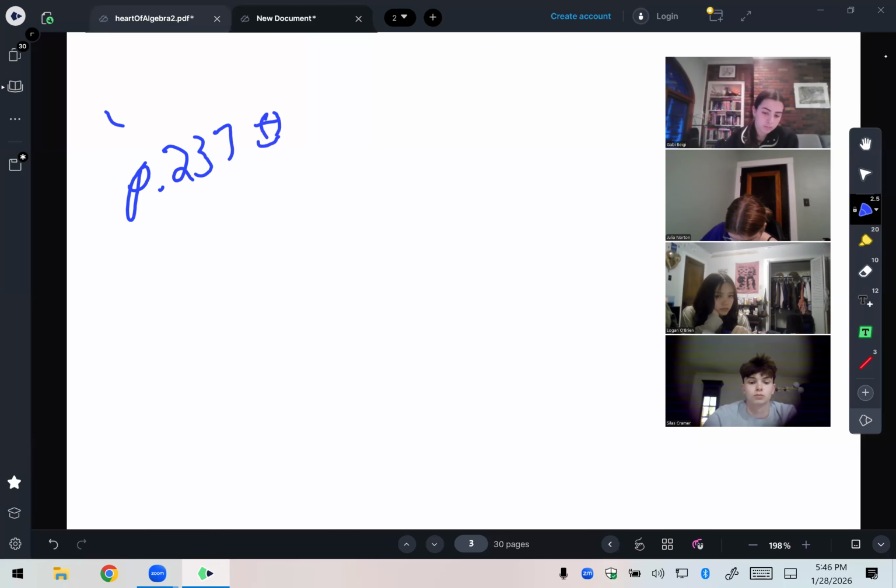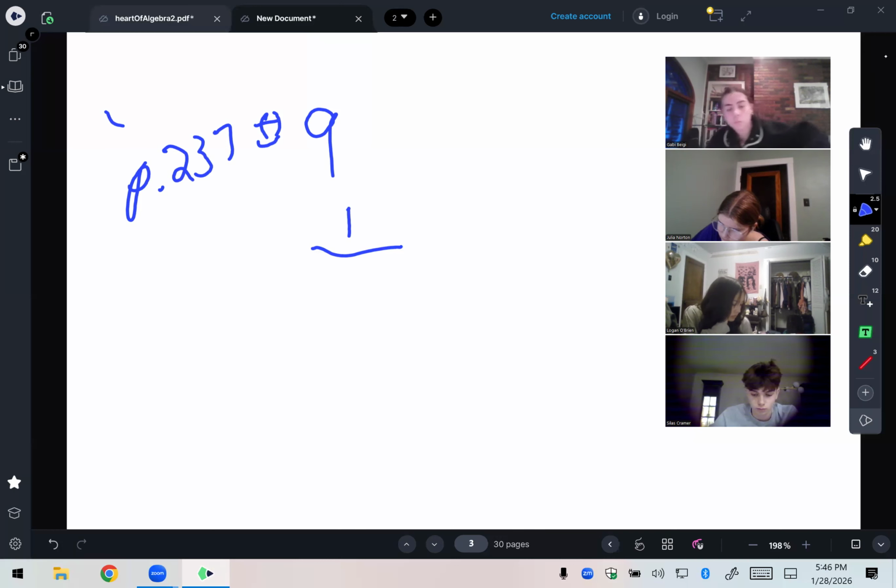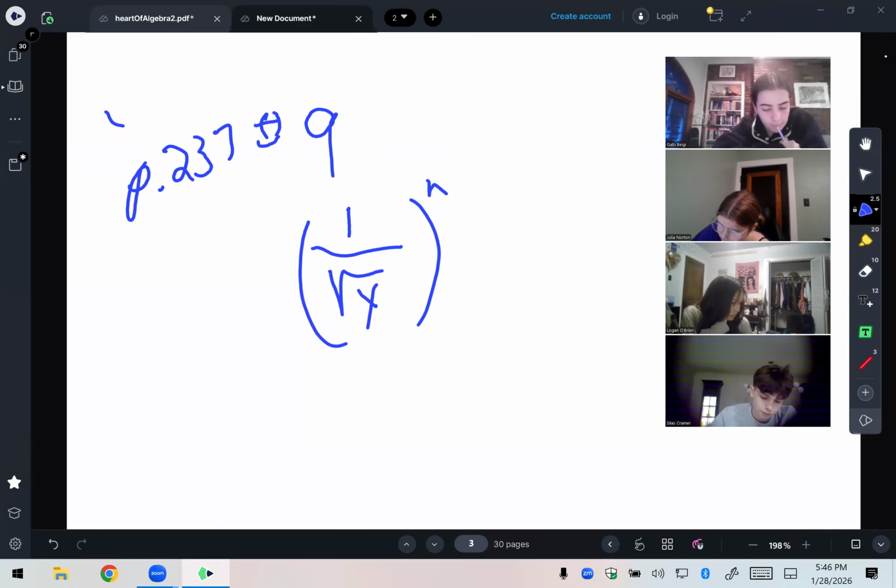It's the example at the top. It's number 9. So find that problem. It's a little bit tricky. Which of the following is equivalent to, so I have 1 over the square root of x to the nth power, where n is bigger than 0.